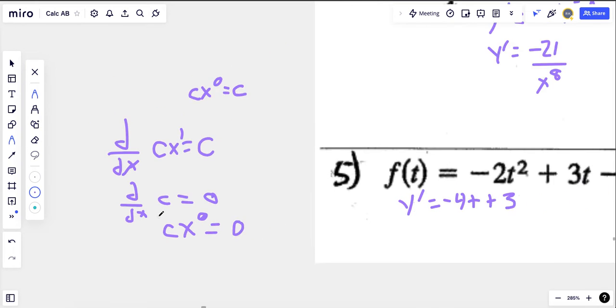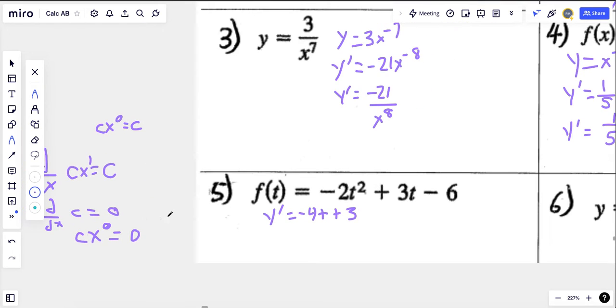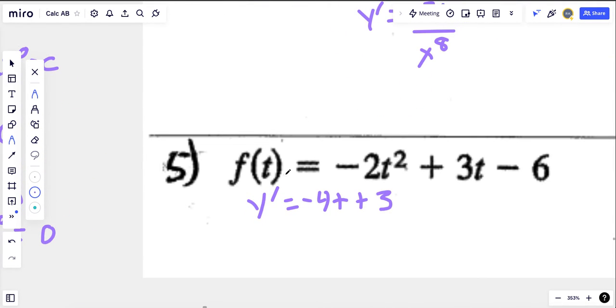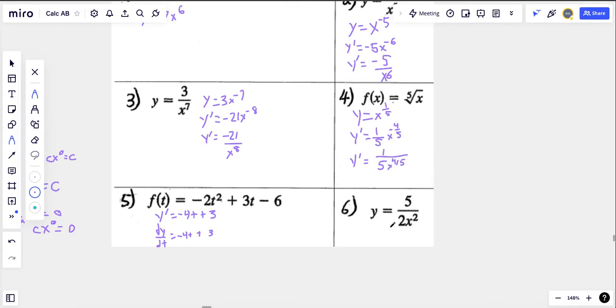Yeah, and that's all you have to do for this. And then if you want to use the other notation instead of y prime, it would be dy over dt here, since we're in terms of t and not x. But like I said, whichever one you choose is fine.